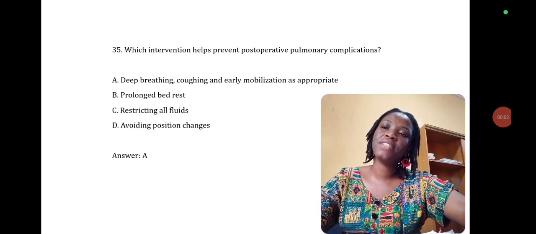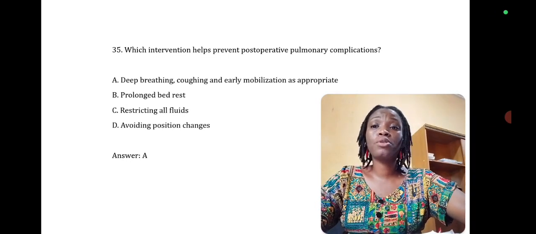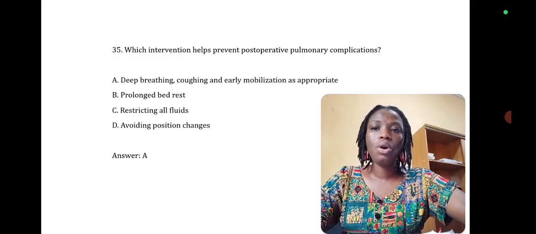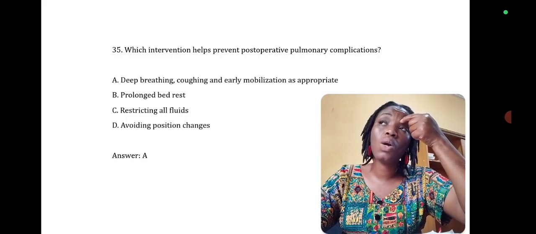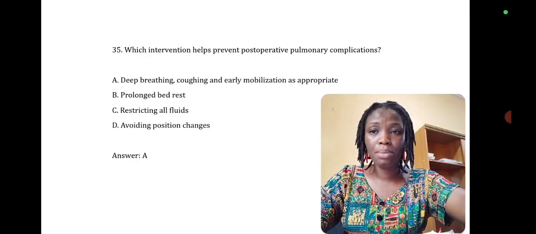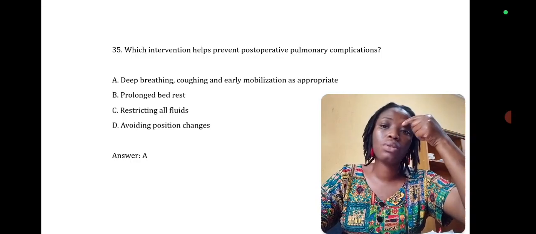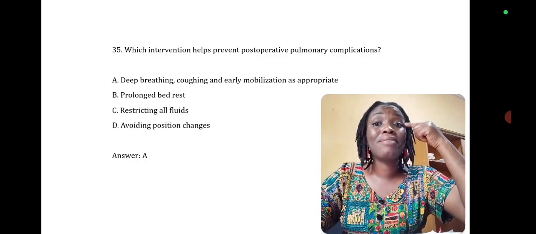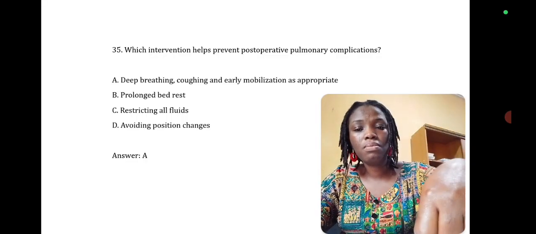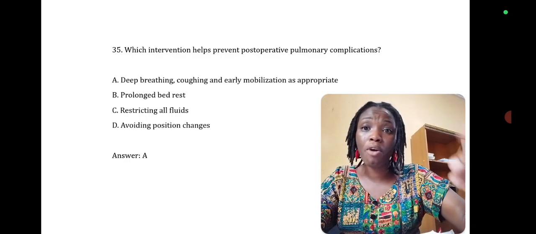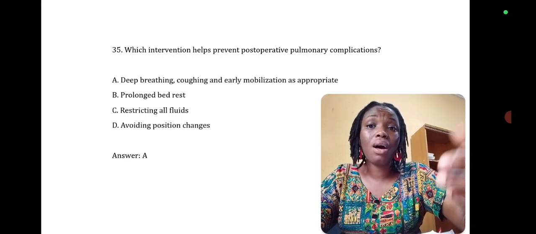Question 35. Which intervention helps prevent postoperative pulmonary complications? Postoperative pulmonary complications, they call it PPC. These are complications that can arise after you've operated on a patient, maybe on the respiratory tract, either upper or lower.